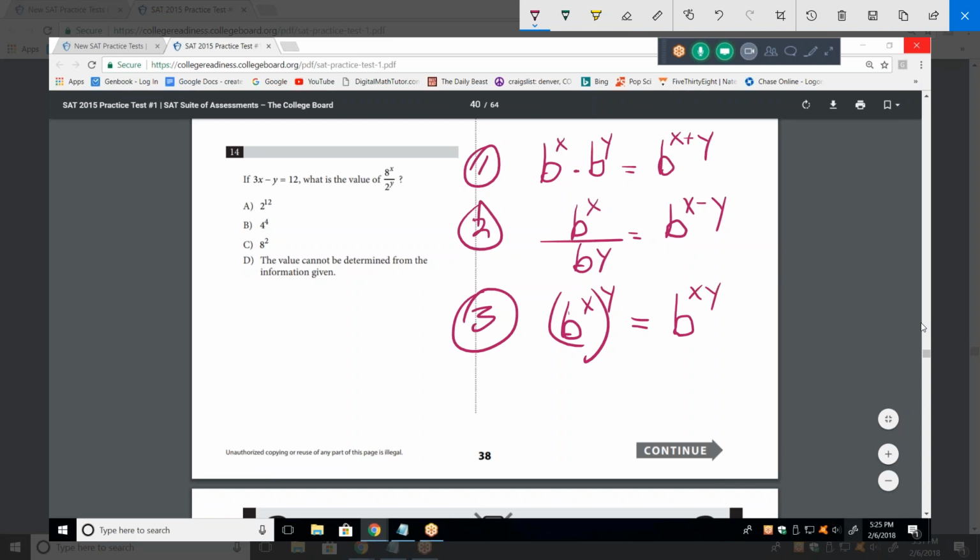Notice what we're doing in every one of these. We're doing one step less, math-wise, to the exponents than what's being done to the base. In number 1, the bases are multiplying, the exponents are adding. Addition is one level less than multiplication. Same in 2: bases are dividing, the exponents are subtracting. Subtraction is one level less than division.